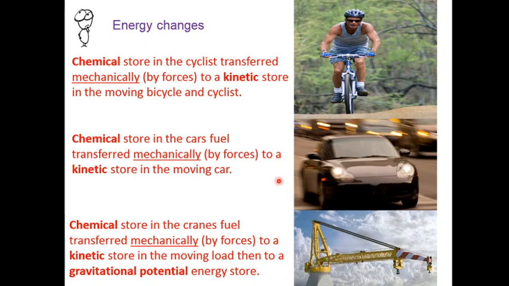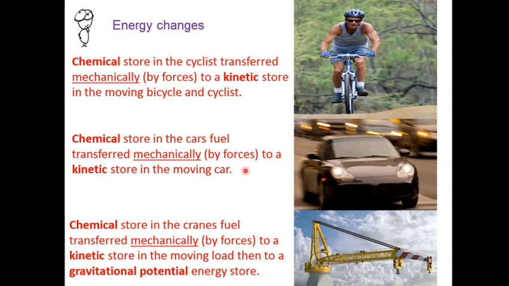The other thing to say about this, which is quite a common question, is thinking about these ones in reverse, where you've got a vehicle or a bike or something that's moving and it comes to a stop. So for example, a car might brake and come to a stop, and it asks you to say what the energy changes or the energy transfers are.